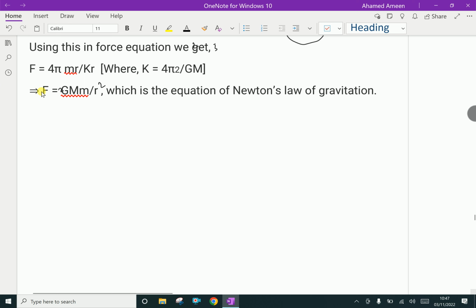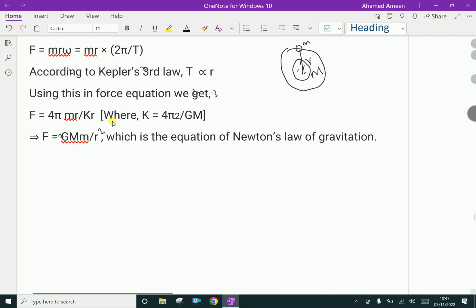That means we got Newton's gravitational equation, F equal to G M m over r squared, by using Kepler's third law.